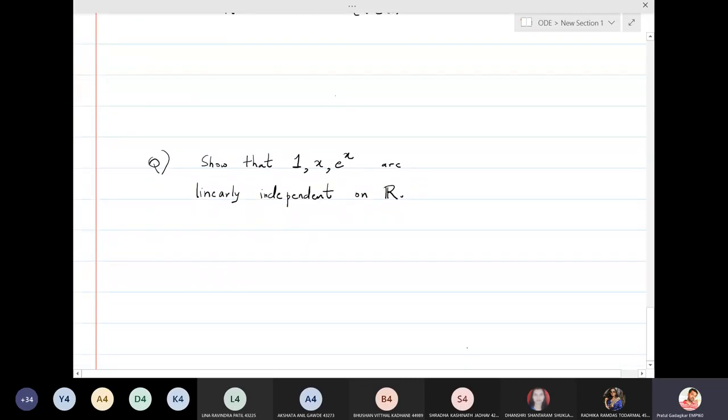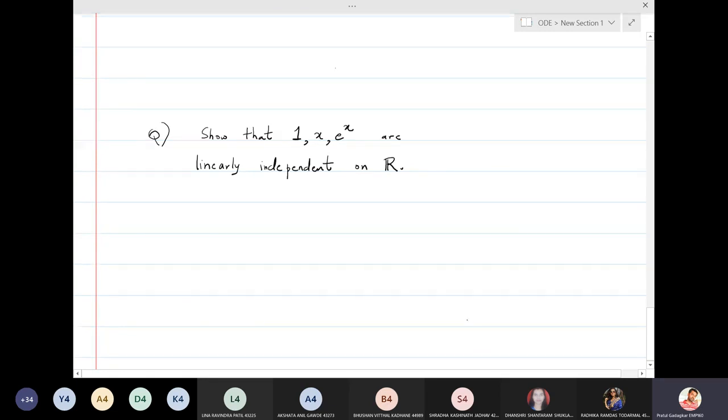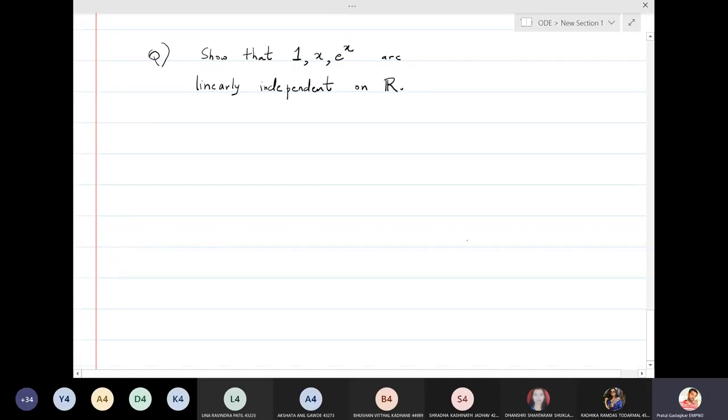Now what you must know is the meaning of linearly. If I give you two functions, what picture should come in front of your eyes? What is the meaning of linearly independent? What is the meaning of linearly dependent? Geometrically, what are we trying to tell? Let me take one simple example.